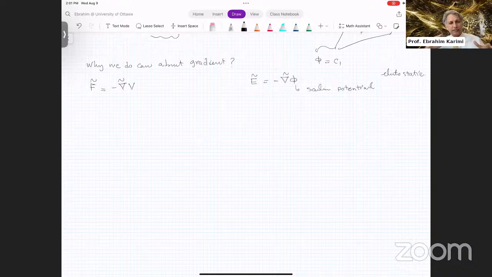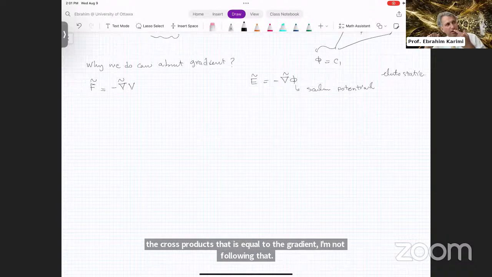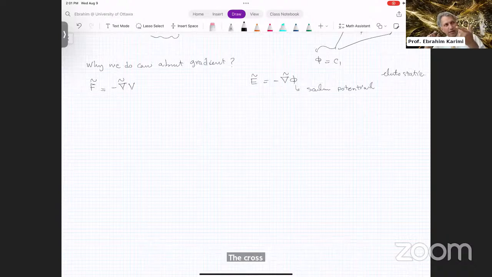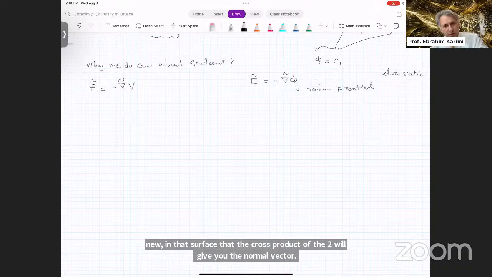I don't understand exactly what you mean by a cross product that is equal to the gradient. So you may mean that I may define new vectors on that surface whose cross product will give you the normal vector. That's one way that you can view it, yes.